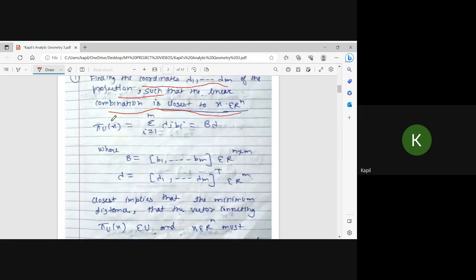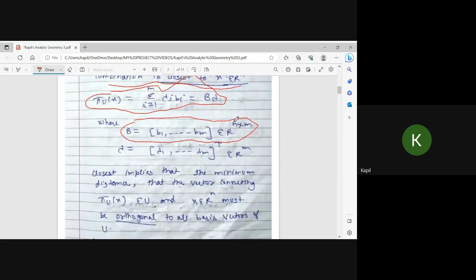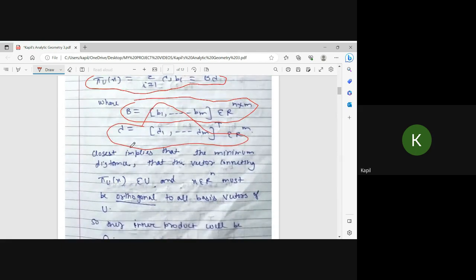That means we know that pi_U(x) is the linear combination of lambda_i and b_i of the basis vectors, which can be represented as B times lambda, where B is the matrix of the basis vectors whose dimension is n cross m, with n rows and m columns, and lambda is the vector of the coordinates.